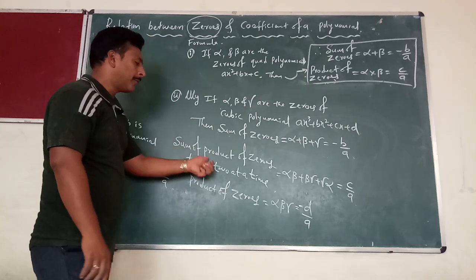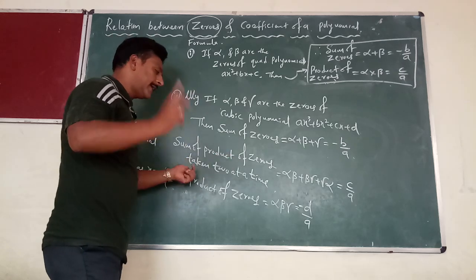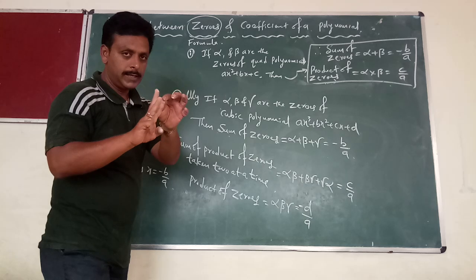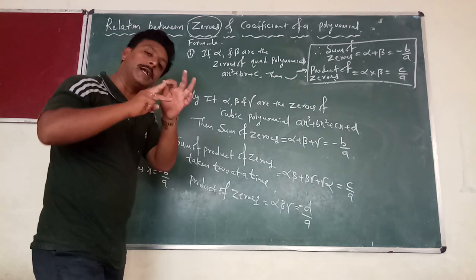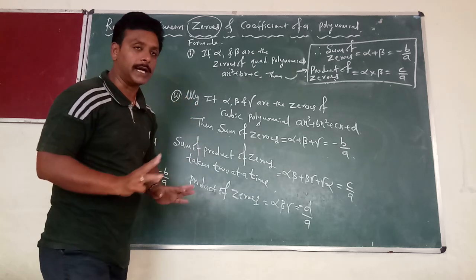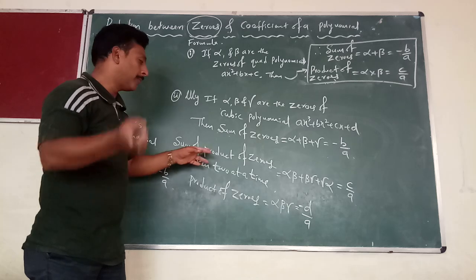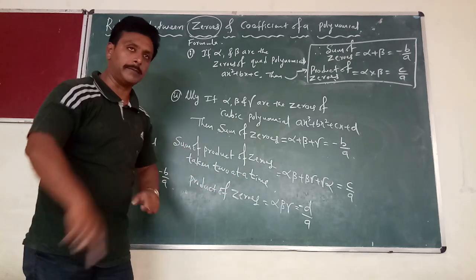Sum of product of zeros taken 2 at a time. Alpha, beta, gamma, 3 are there. Now we have to multiply two zeros at a time and then add them. That's why it is the sum of product of zeros taken 2 at a time.